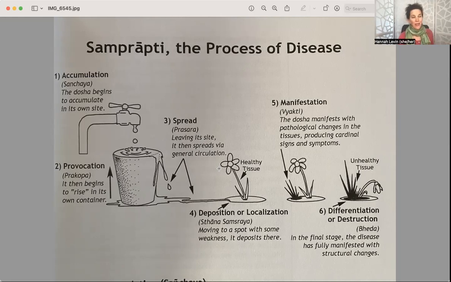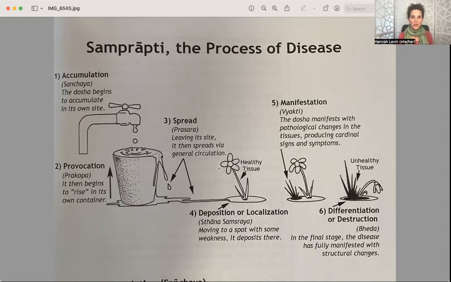Within each of the dhatus, or the tissue layers, there's a unique agni for that tissue layer. And when dosha comes and invades, and it's often vata dosha, because vata is the dosha of movement, and it is the basis for probably 90%, I think 85% is what Charaka Samhita says, vata is responsible for 85% of diseases.